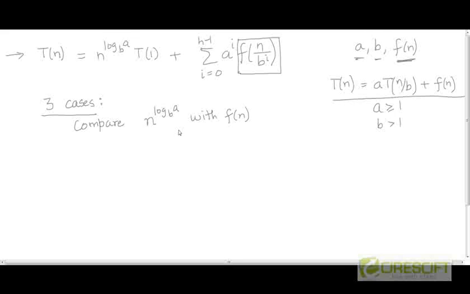In this video, we're going to look at case 2 of master theorem, which is the scenario when both n to the power log of a base b and f of n have the same rate of growth or the same asymptotic complexity.